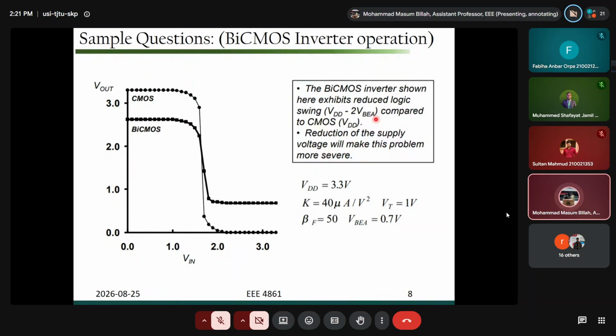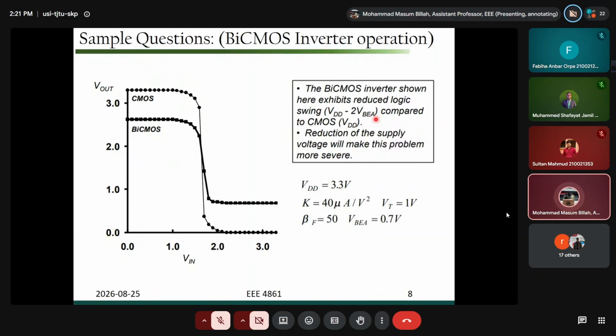However, BiCMOS has a certain voltage drop. Definitely you understand the drop is due to the voltage drop across the BJT transistor. So there is a distinguishable difference between BiCMOS and CMOS in the VTC curve. So why does it happen here? You should understand this kind of question for your exam.